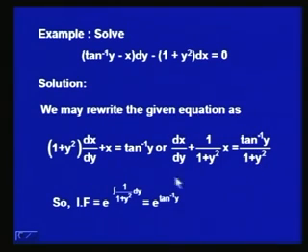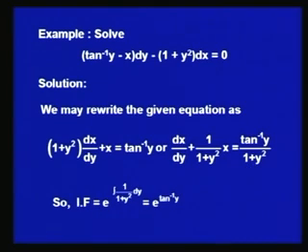So, it is a linear differential equation of first order in the variable x. The dependent variable is x, the independent variable is y, and when we compare with the standard form, p is 1 over 1 plus y square, while q is tan inverse y over 1 plus y square.